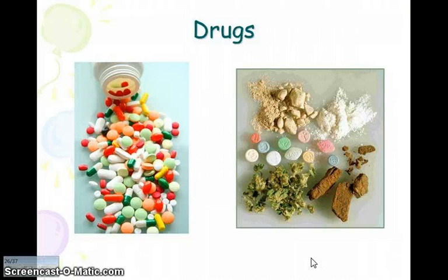Part of chapter 3 has to do, obviously, with consciousness, levels of consciousness, things of that nature, but we also have to talk about drugs and how drugs can interact with the brain and cause a variety of different perceptions and so on.